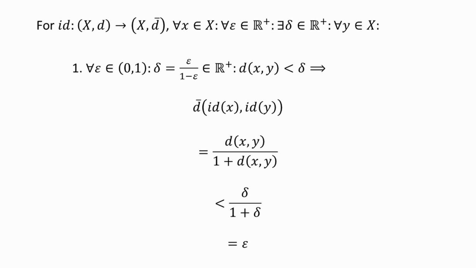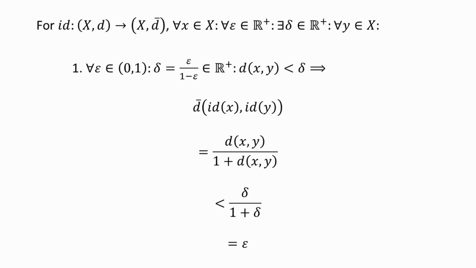Let's continue. Then d of x and y is smaller than delta implies now we have d bar of the identity of x and the identity of y equals, now I apply the definition of d bar and also the definition of an identity map, then we'll get d of x and y over 1 plus d of x and y. And now we apply the condition of d of x and y is smaller than delta, we'll get the larger fraction delta over 1 plus delta.